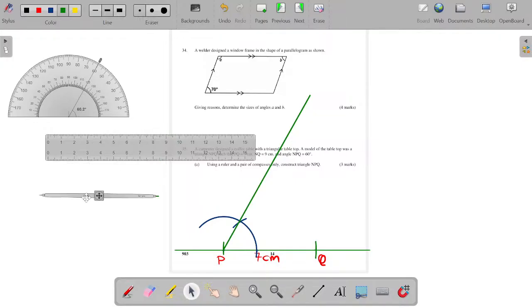Then after I've done the measuring, because I now know it's 9, I'll bring it here to this sharp point, then rotate it like that.